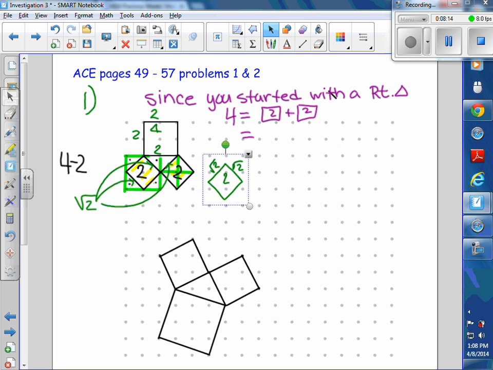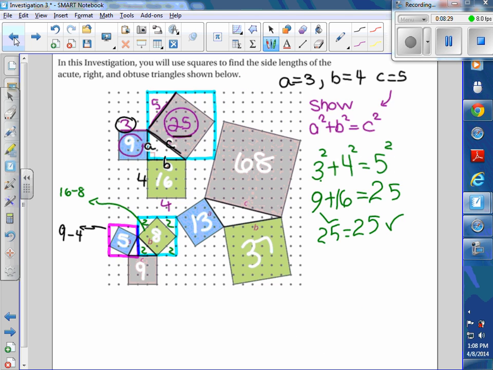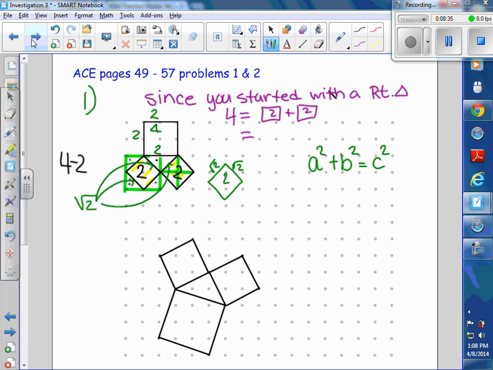Okay, so what the book's asking you to do is to use square roots in this formula and show that when you plug them in, a squared plus b squared, you get c squared. So if you go back to yesterday's picture, that c was always the longest side. So the longest side here is 2.